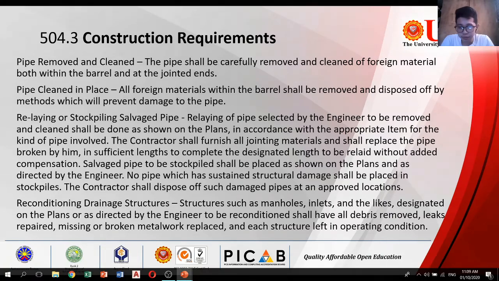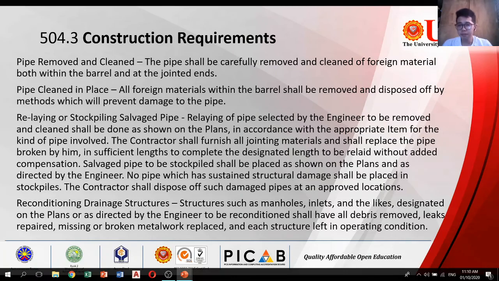If approved by the engineer, all or part of the pipe designated to be cleaned in place may be removed, cleaned, and relayed in accordance with the applicable items. In such cases, the contractor shall furnish all materials required to replace damaged pipes and joints and perform all excavation and backfill and relay the pipe, all at the contract bid price for this item.